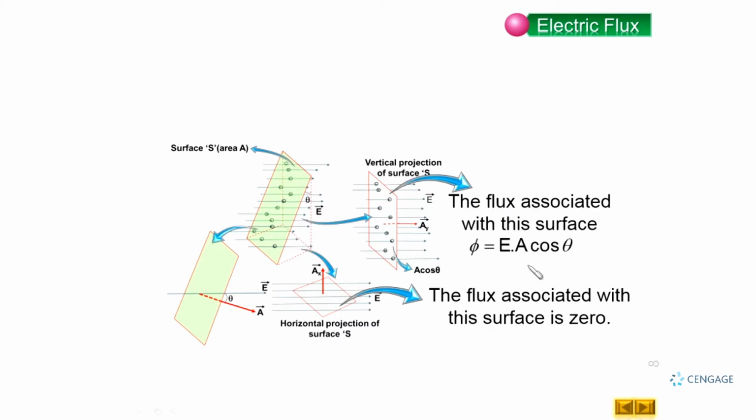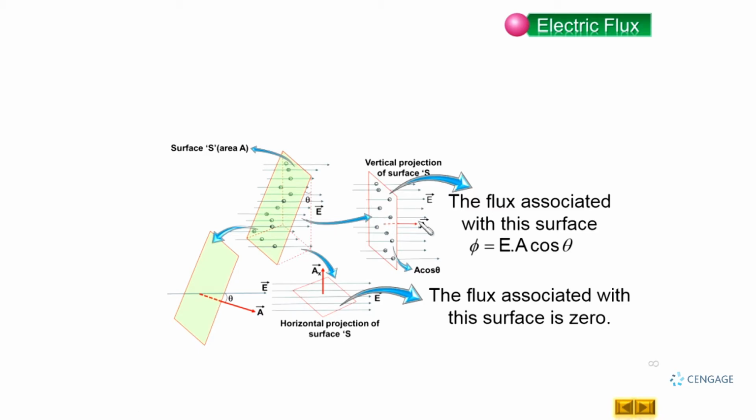Here is the vertical projection. You can observe here this area is A cos theta and the electric field is E. So according to our simple definition, flux equals E perpendicular multiplied by A. So the flux passing through this vertical projection should be equal to EA cos theta.